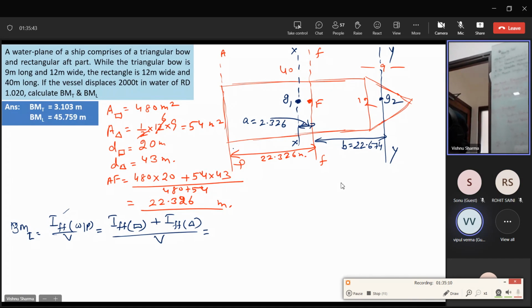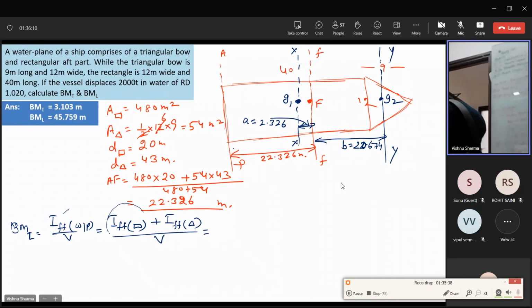That is 43, not 29. How much is it? 20.674, right? Okay. So, guys, if you do it the way I'm doing, it will be easier, right? It has to go on the diagram, because you'll have to use the theorem of parallel axis for both rectangle and triangle.